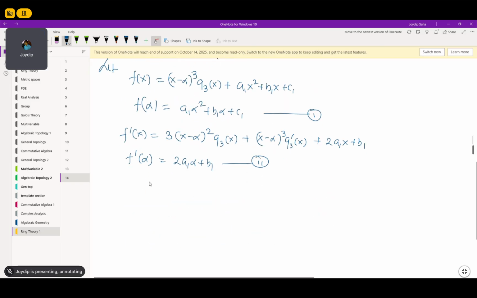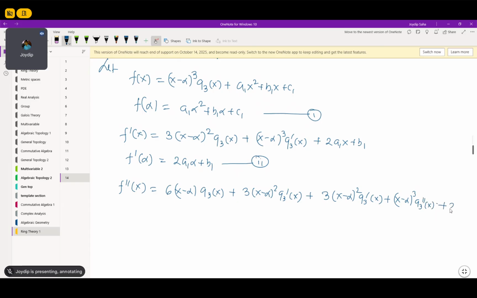And what is f''(x)? This is 6(x - alpha) q3(x) + 3(x - alpha)^2 q3'(x) + 3(x - alpha)^2 q3'(x) + (x - alpha)^3 q3''(x) + 2a1.